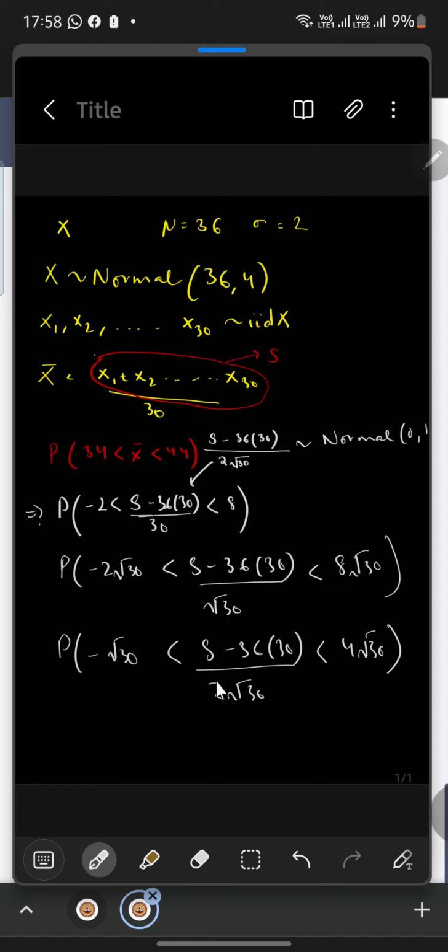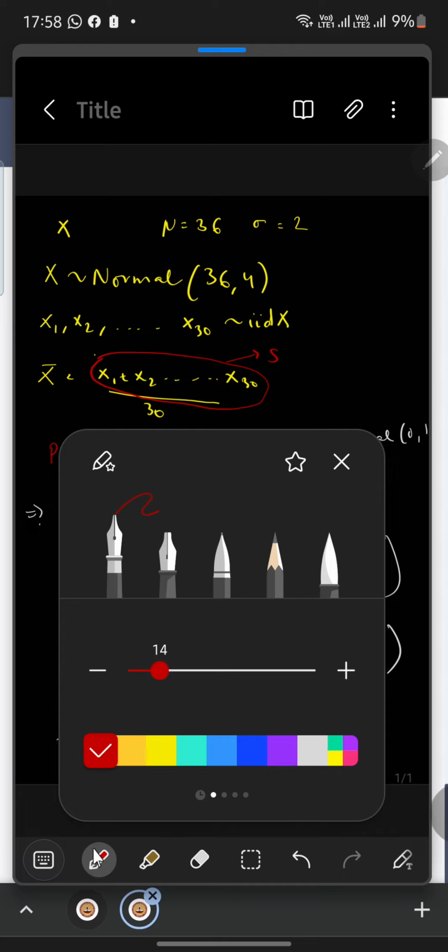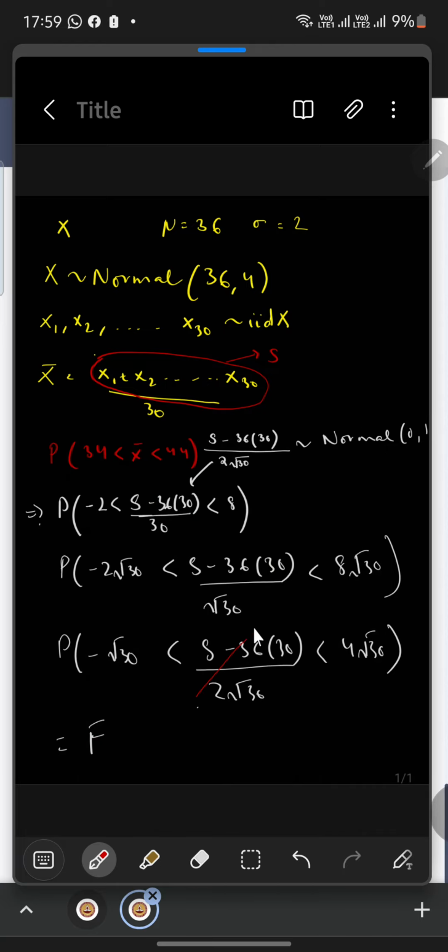Perfect. Now from this we can say that the probability here would be F, we can make it Z here, because normal 0 1 can be denoted as Z. So F of Z, now this part here would be 4 root 30, minus F of Z, minus root 30.